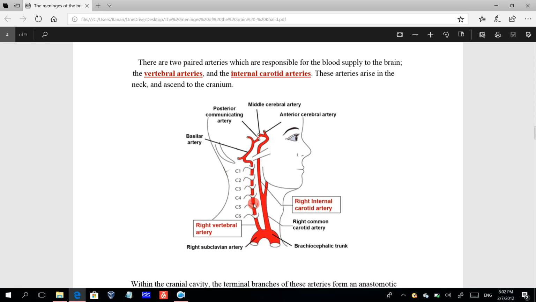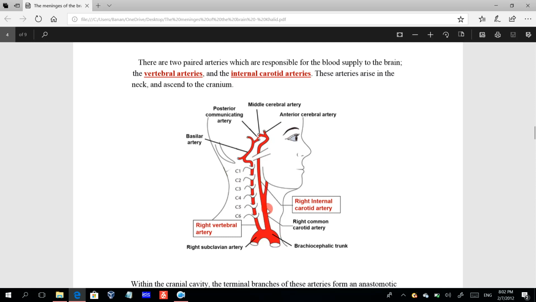As you know, the vertebral artery passes through the foramina in the transverse processes of the cervical vertebrae. If you remember, it passes through the foramen in the transverse process of the sixth cervical vertebra and ascends upwards to enter the cranium through the foramen magnum. And also we have the internal carotid artery, which is a branch of the common carotid artery.